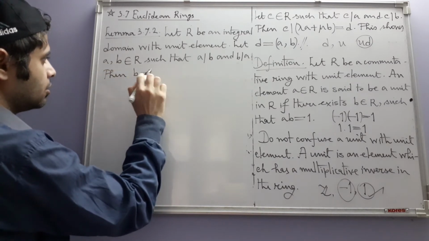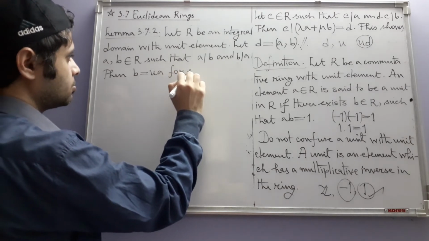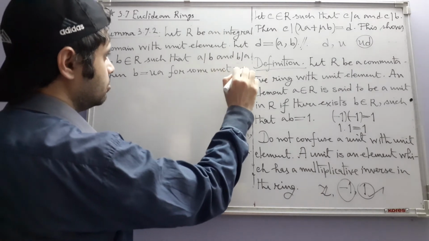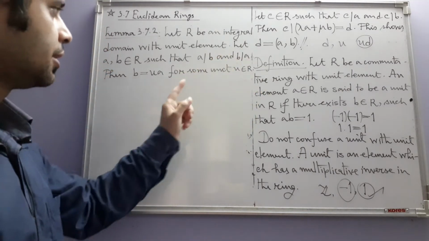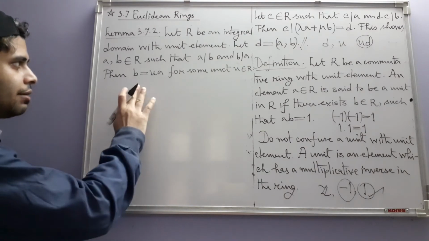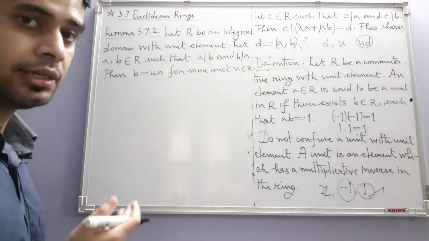B is equal to UA for some unit U in R. So if this happens, then B is equal to UA for some unit U in R. If you recall, we have proved a similar thing for integers.